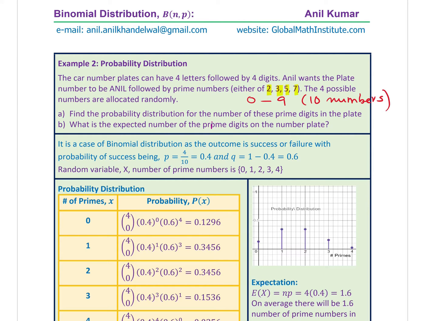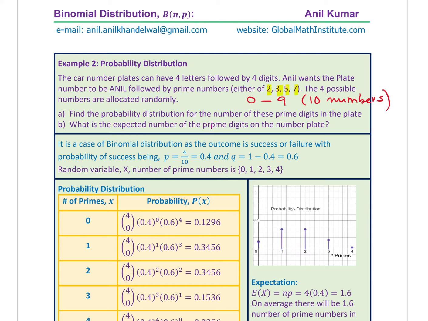First, it's very important to understand whether it really belongs to binomial distribution or not, right? It is a case of binomial distribution as the outcome is success or failure. That means those digits which we are looking for could be prime or could not be prime. So there are only two possibilities. And we'll call success as being a prime number, right?